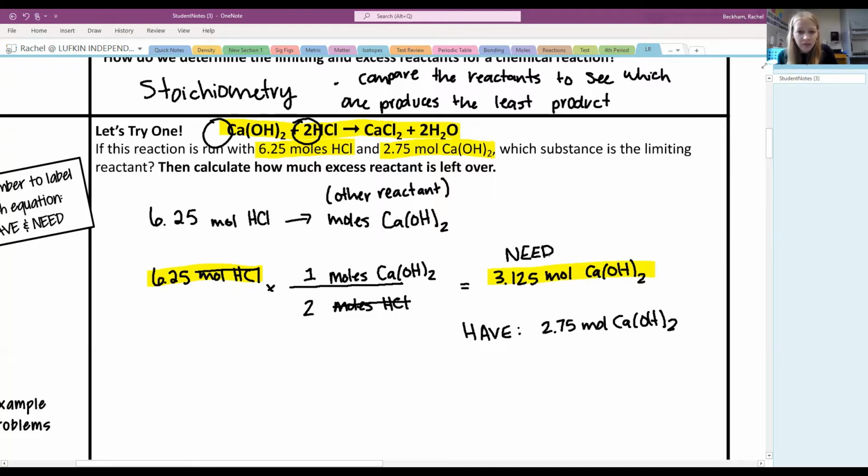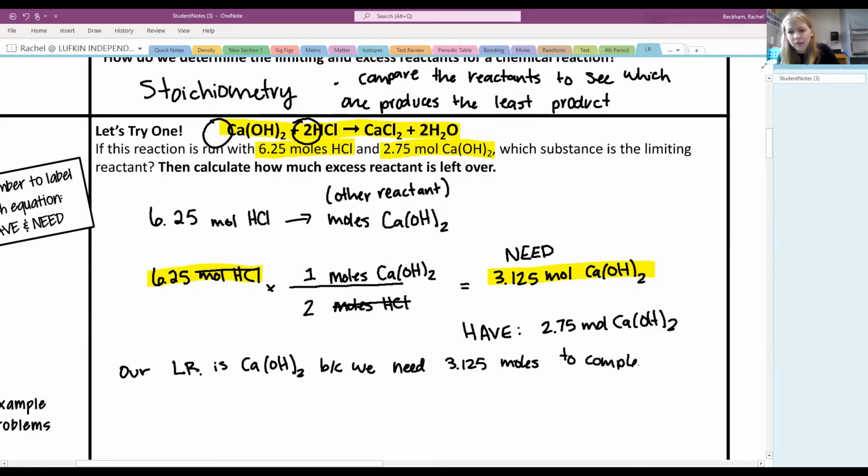If what you need was less than what you have, like you needed less and you had more of it, then that wouldn't be your limiting reactant. It would be the other one, right? So we know that our limiting reactant, I'm going to say limiting reactant LR, is calcium hydroxide, because we need 3.125 moles to complete the reaction.